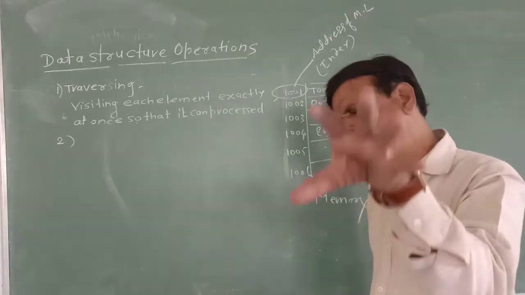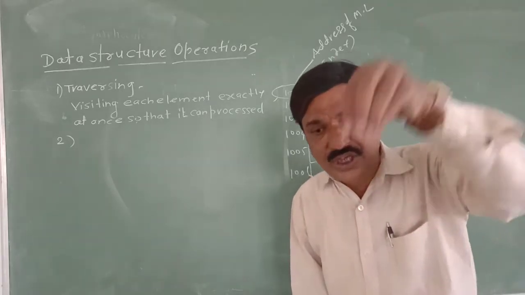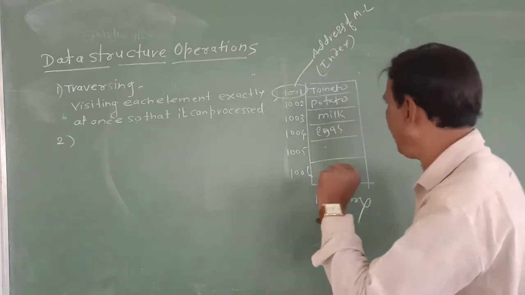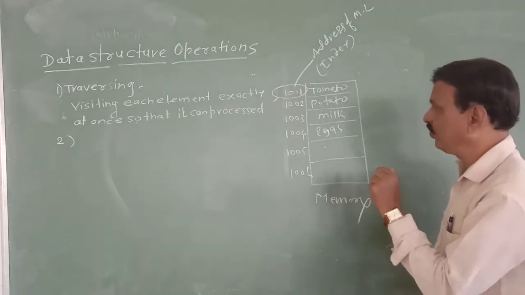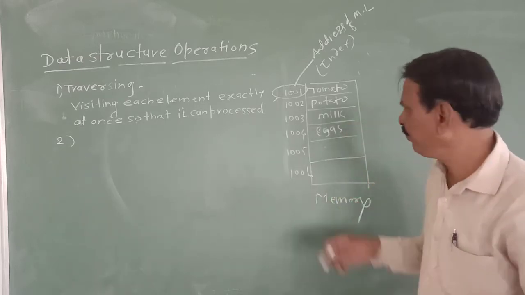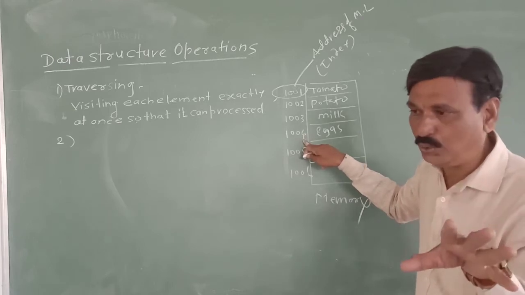Apart from this, it may be possible that we would like to insert an element at a given position. Suppose I want to insert banana at the place of 4, what should I do?